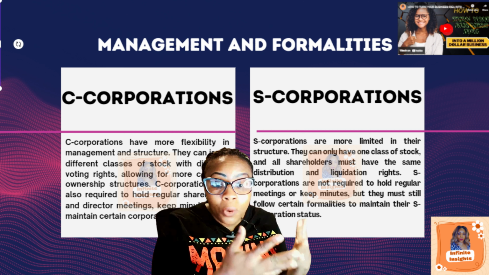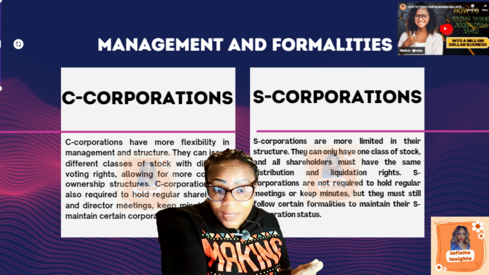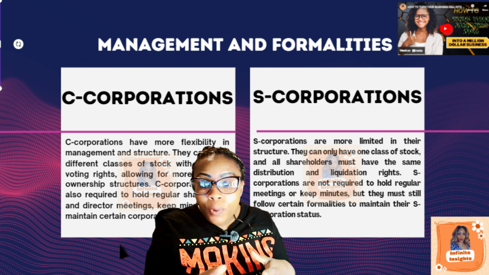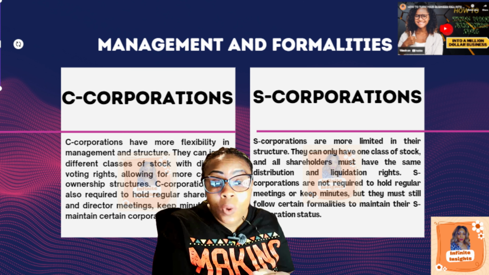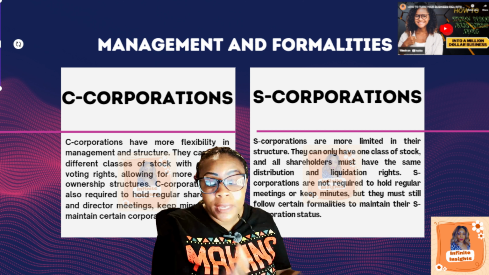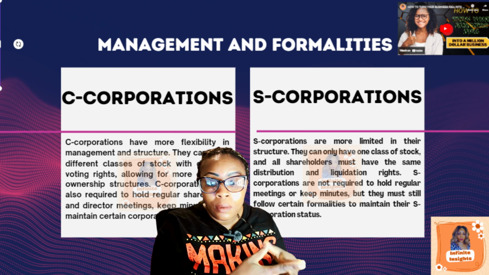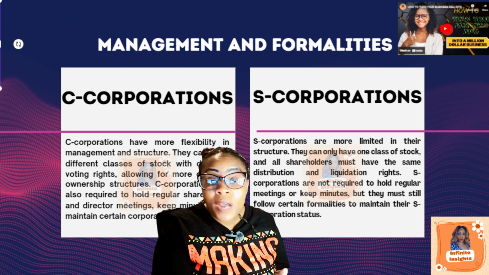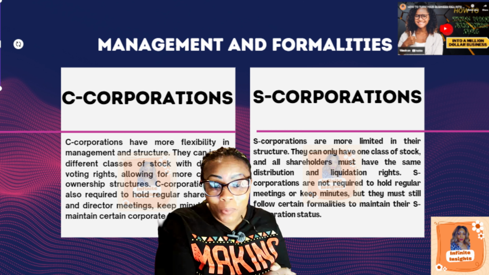C corporations are required to maintain their meeting minutes or meeting notes. S corporations are more limited, and they are not required to maintain meetings between the shareholders and the directors. They are not required to keep the meeting notes. If I want to read back, they have to follow certain formalities to maintain the status of S corporation.